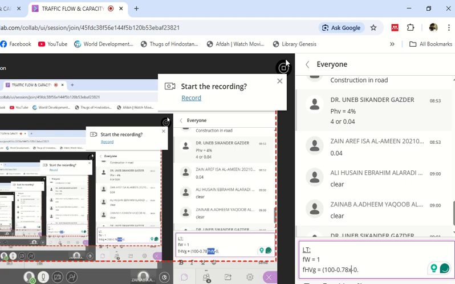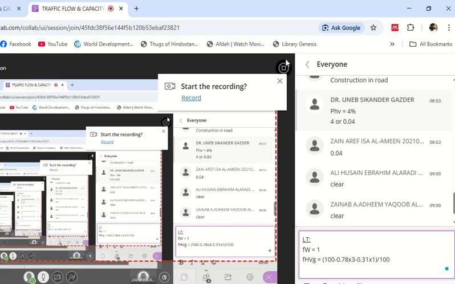So this is 3% as I mentioned earlier, and this will be 1%. Okay, so how much is this?